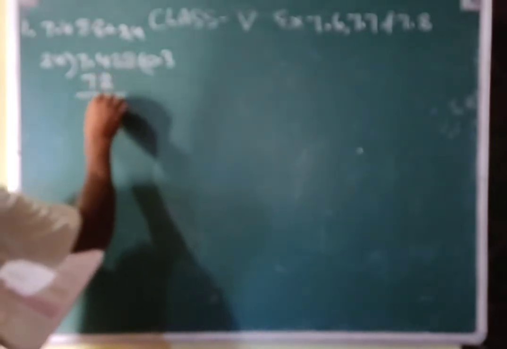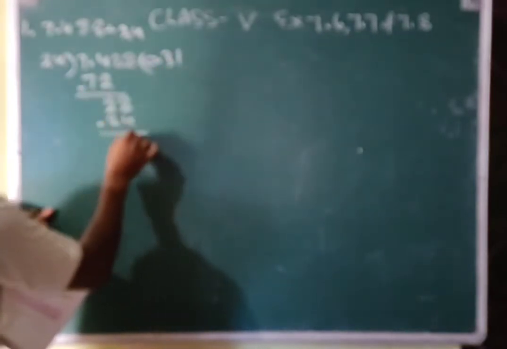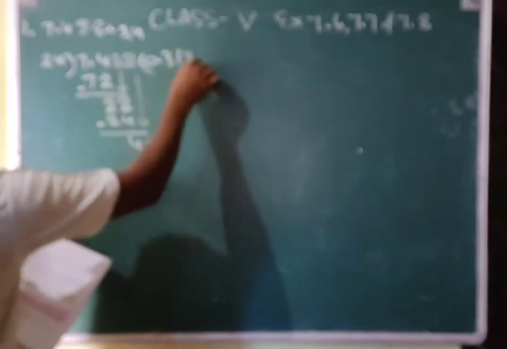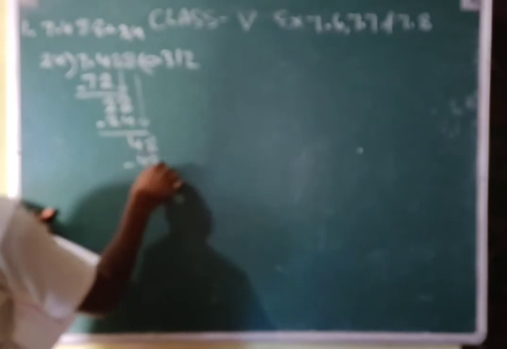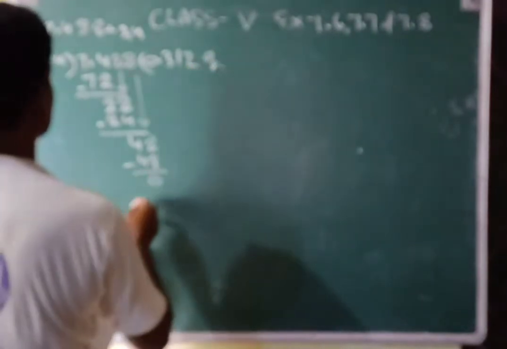Now we will ignore the decimal and then 2 is left, 4 ja, and then 4, and then next digit 8, 2 ja 48, and then 0. So the quotient is 0.312, that is the quotient.